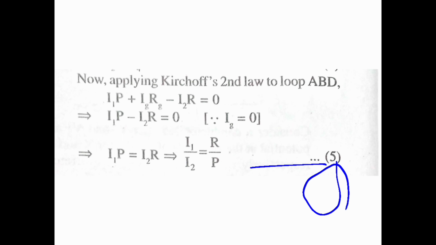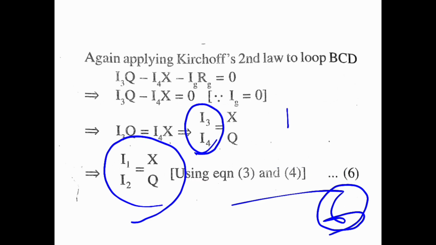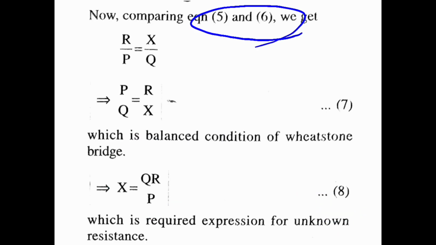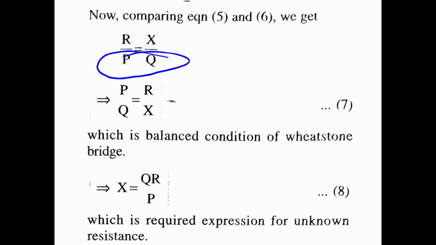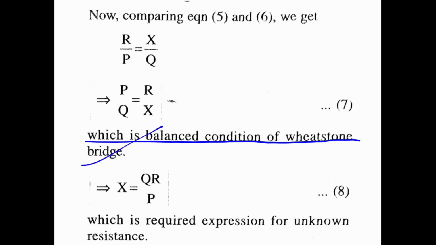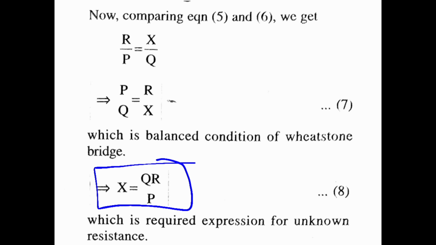That is I1 by I2 is equal to R by P, and I1 by I2 is equal to X by Q. So equating this, we get R by P is equal to X by Q. We can write P by Q is equal to R by X, which is the balance condition of Wheatstone bridge. So X, that is the unknown resistance, is equal to QR by P.